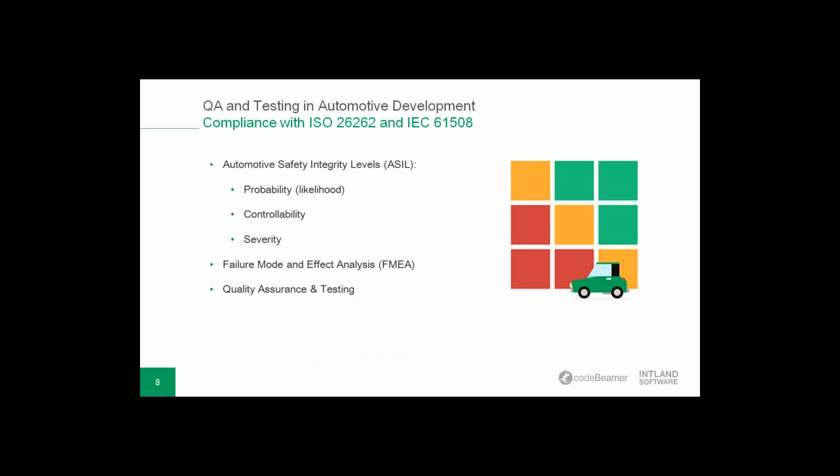Just to highlight the compliance with the ISO 26262 and also the IEC 61508, the standard risk-based approach called Automotive Safety Integrity Levels, also known as ASIL, helps customers to determine the risk classes of a safety-related system.